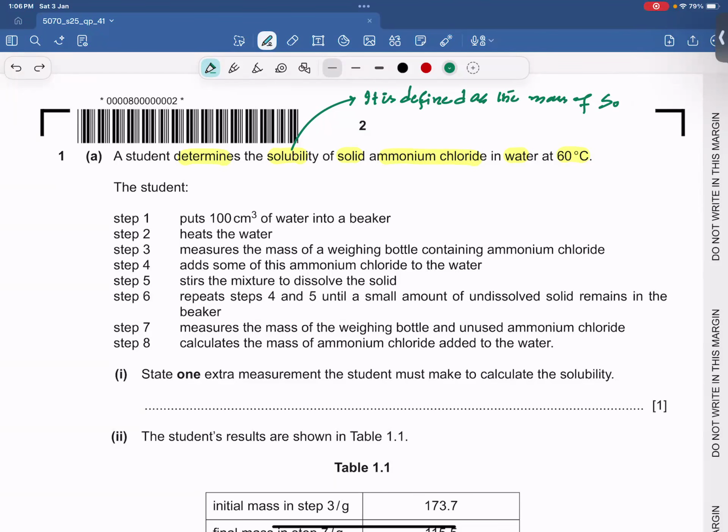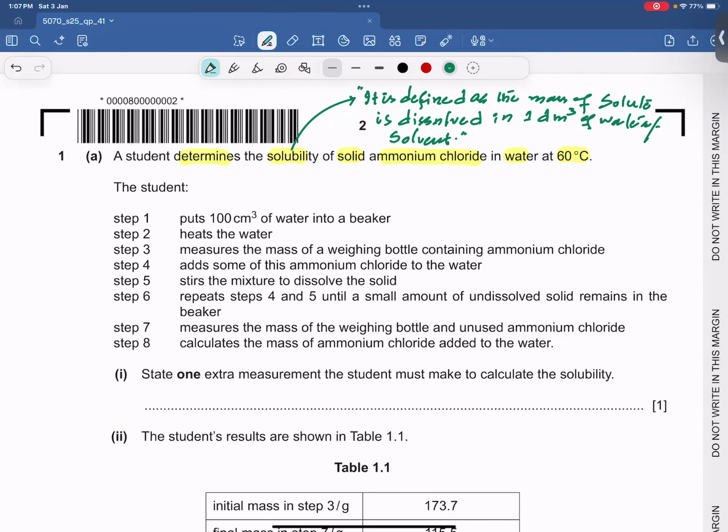In this case it is ammonium chloride. And water is basically a solvent, so you can even write solvent also.